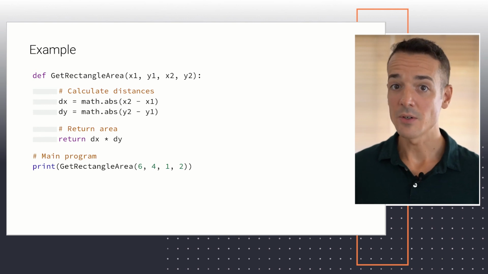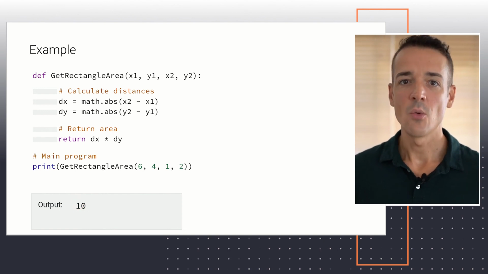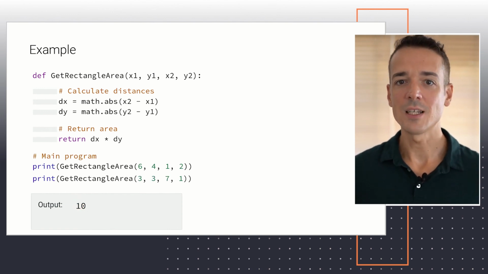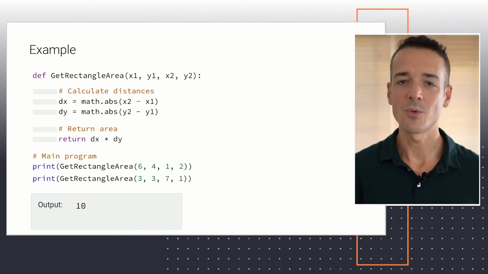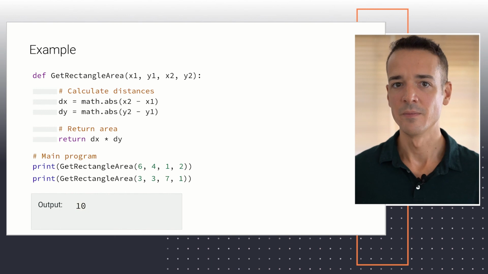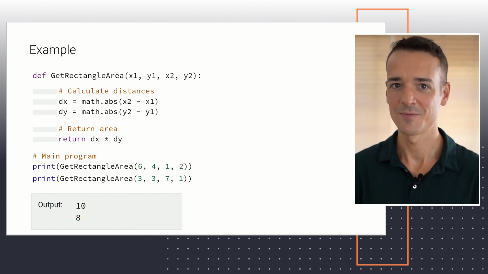The return value is then passed directly into the print function, which prints value 10 into the terminal. We then do the same thing with the coordinates of the 2 points of the second rectangle shown earlier, 3, 3 and 7, 1. The printed area in this case is 8.